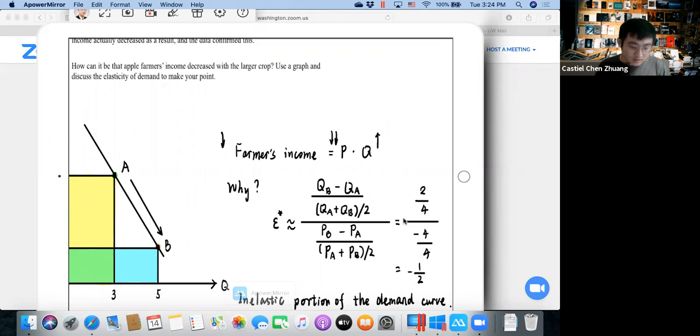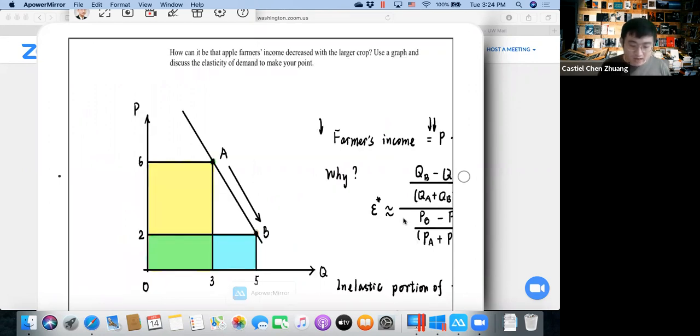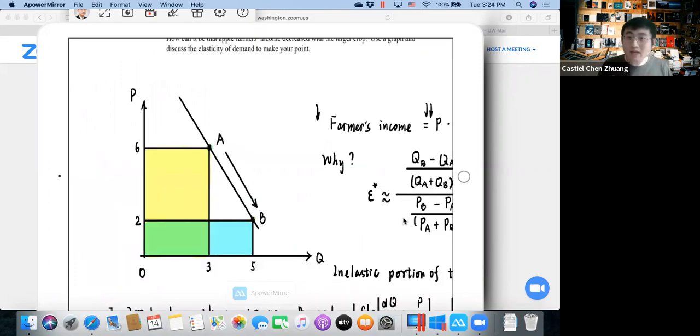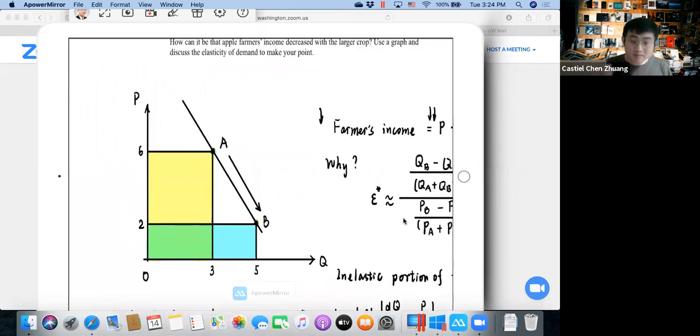And using the numbers I give you here, you can actually get the value, which is negative 1/2, which is smaller than 1 in absolute value. So this is telling us that the demand curve is inelastic between A and B.